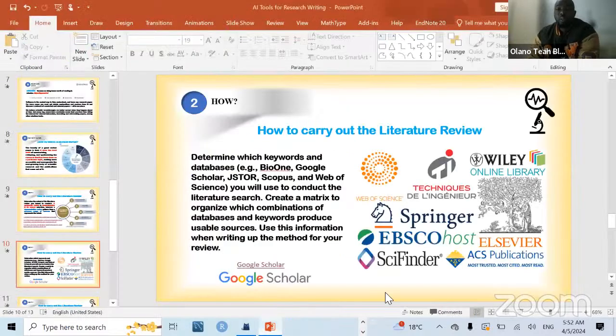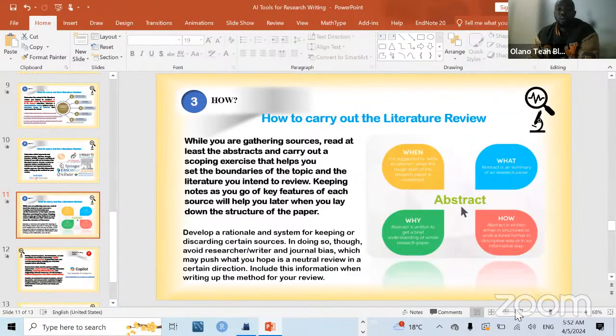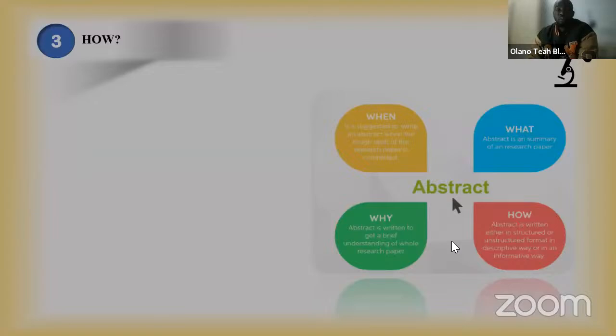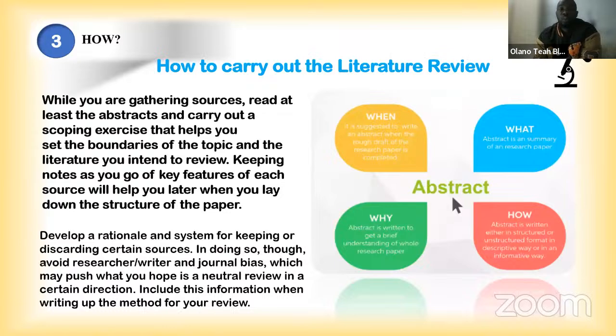Let's get back to our PPT here. The next thing is that when we are gathering all of these sources, it's important that we read at least the abstract of those specific papers. We also make use of ScienceSpace to see how we can summarize the entire paper.